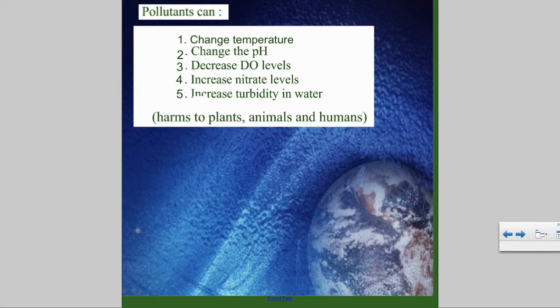It also can change the pH, which is also not good, and we're going to look at that. It can also decrease the DO levels. DO is dissolved oxygen, and we're going to talk about that. And it can increase the nitrate levels, as well as increase the turbidity in the water. This is all harmful to plants, animals, and humans.